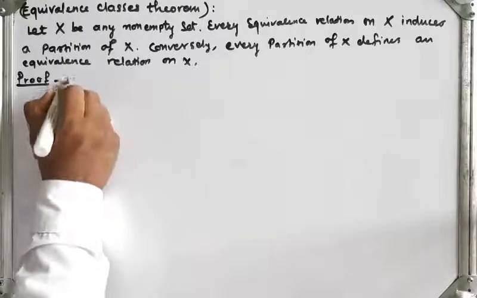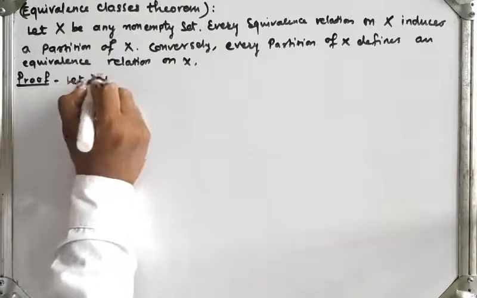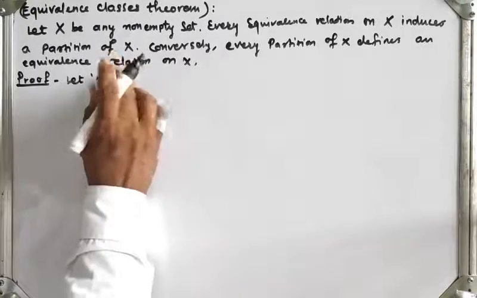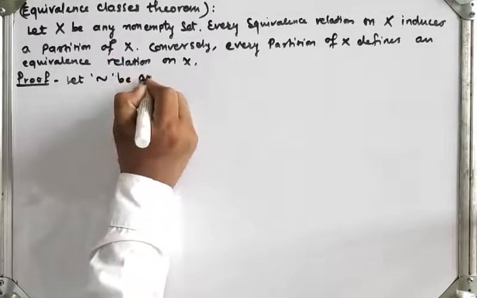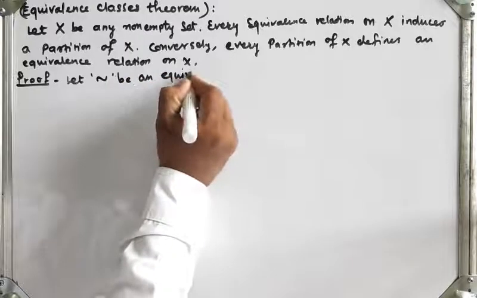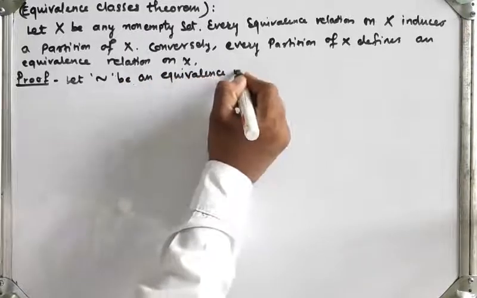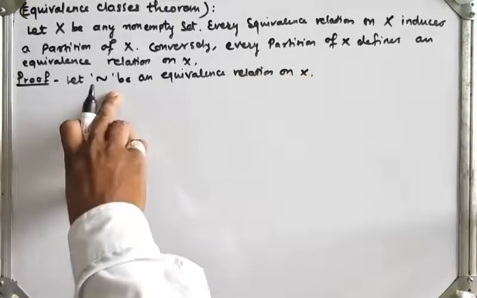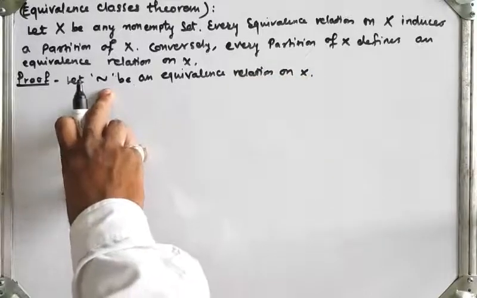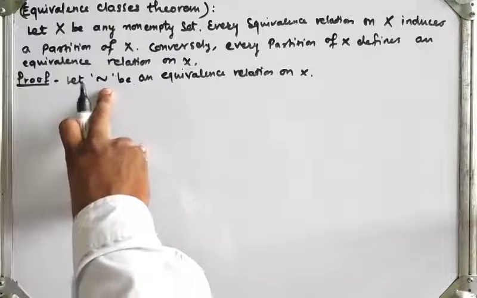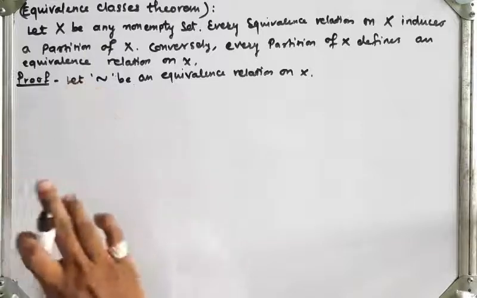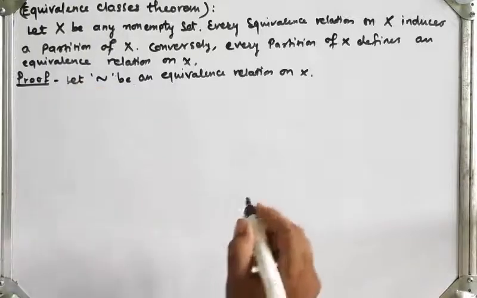So we'll prove it. Let tilde be an equivalence relation on X. Tilde being an equivalence relation means tilde satisfies three conditions: first, reflexive relation, second, symmetric relation, and third, transitive relation.